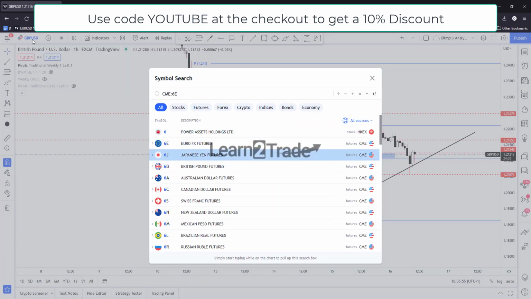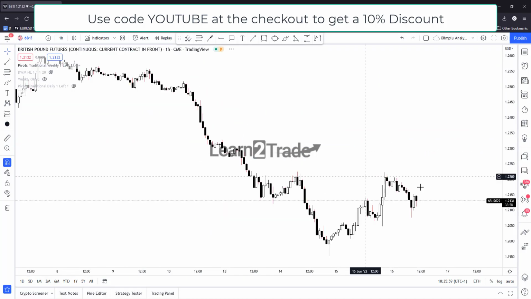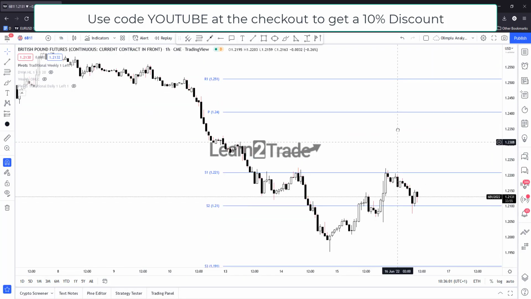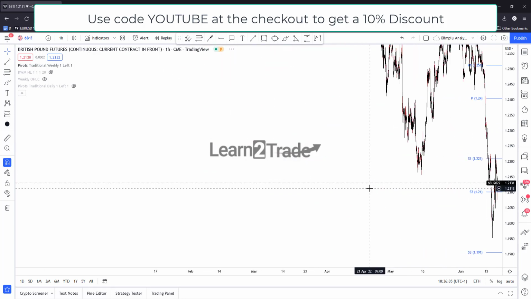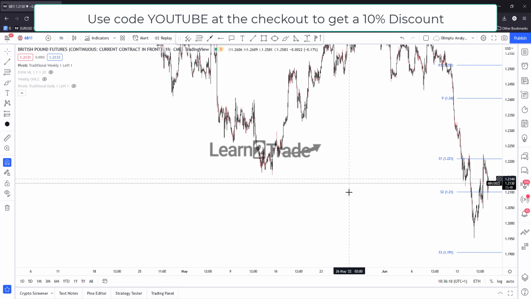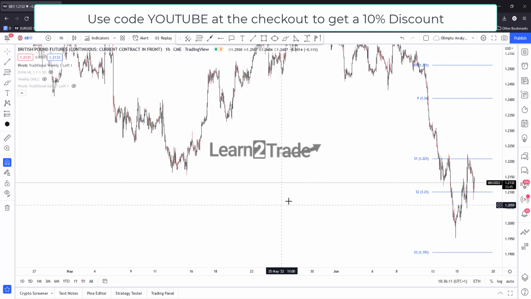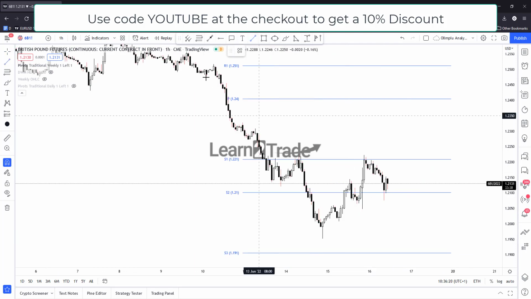on the British pound futures. Very important, because if you want to trade the British pound, you can keep an eye on the British pound futures. You can see that the movement is similar to the British pound versus the US dollar. We have a rebound after a massive sell-off, a massive drop.